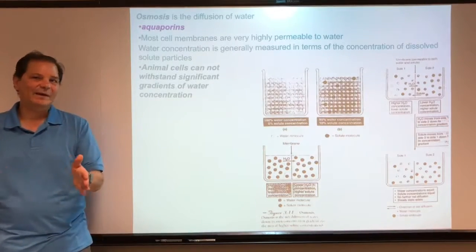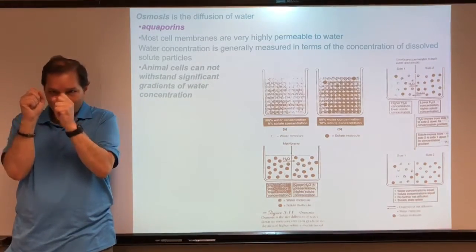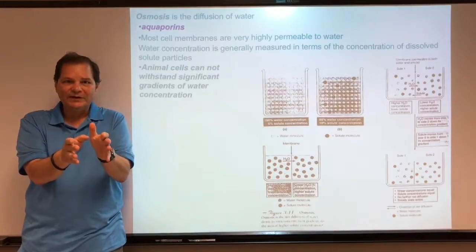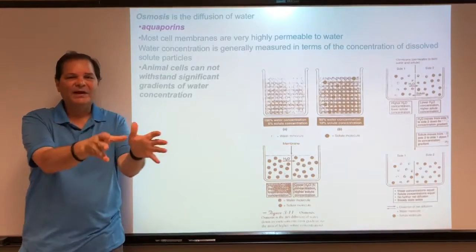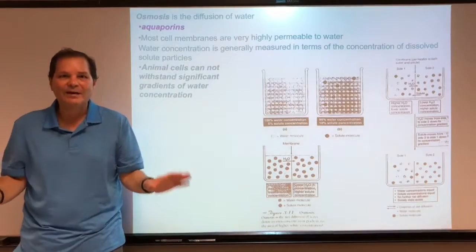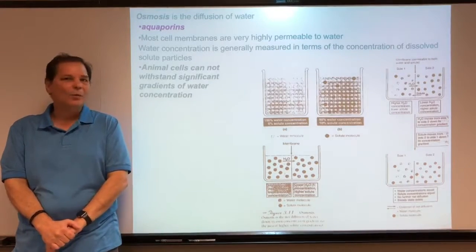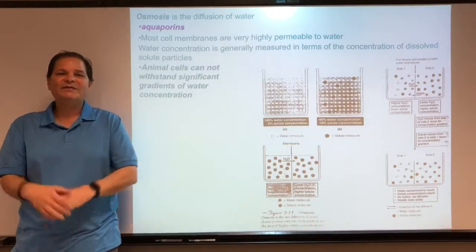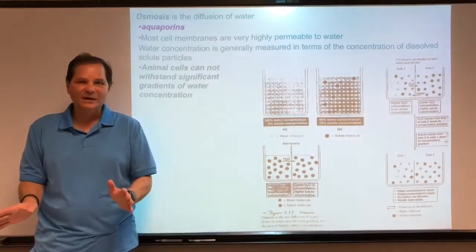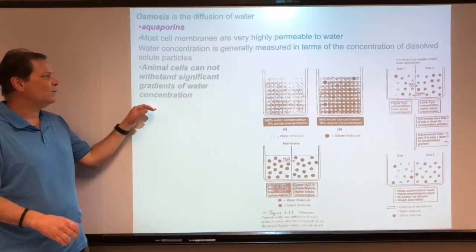So at steady state, if I were to look at the osmolarity inside the cells of your body, in the extracellular fluid outside the cells, in the plasma in your blood, and inside your red blood cells, the osmolarity is the same everywhere, because water will flow across those membranes until the water concentration is equal, and that means the osmolarity has to be equal at steady state in all those spots in your body. So animal cells cannot stand water gradients.